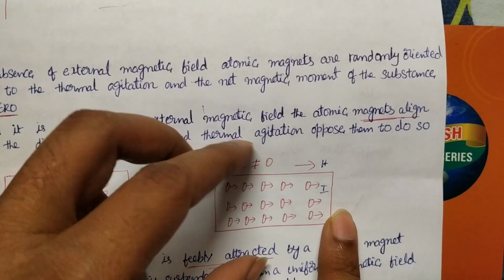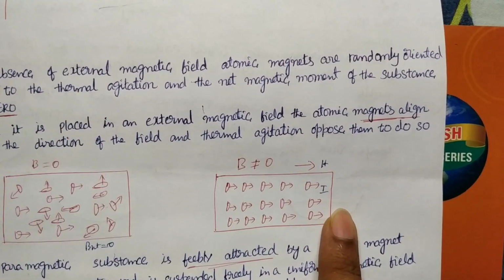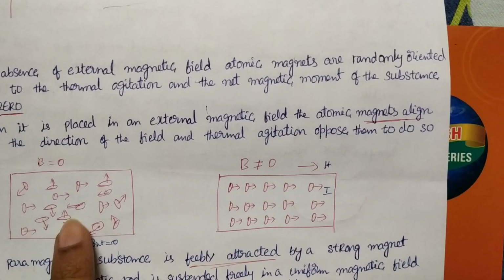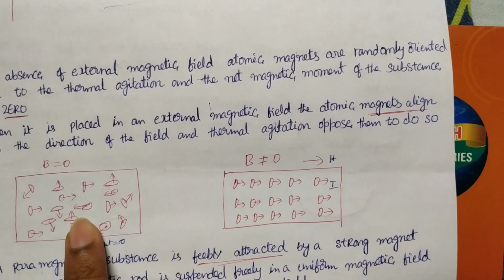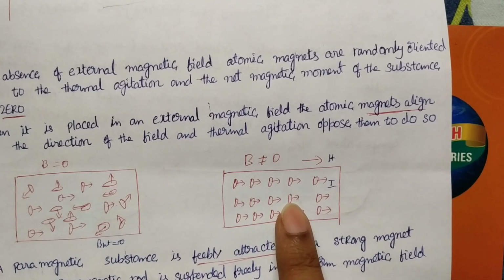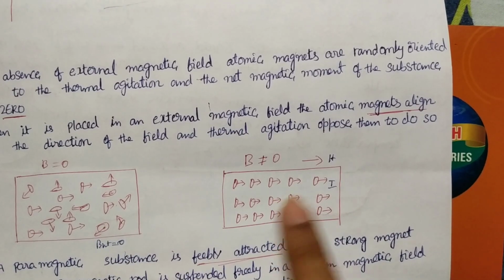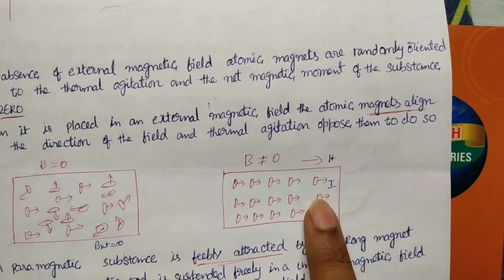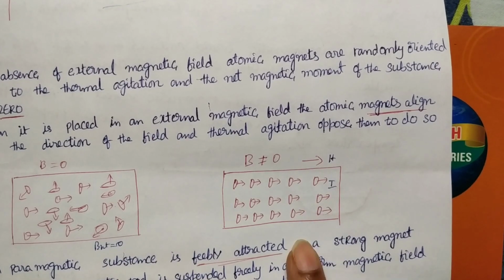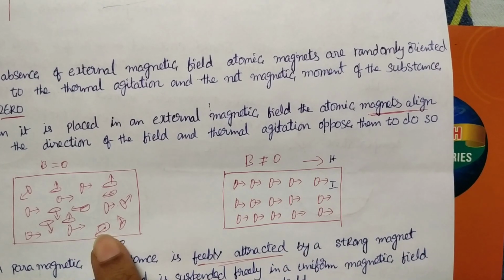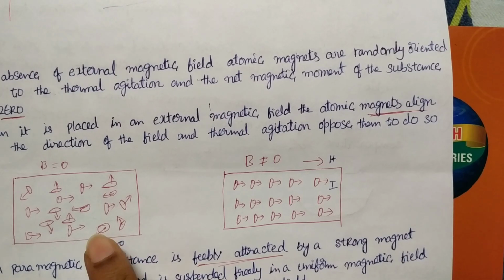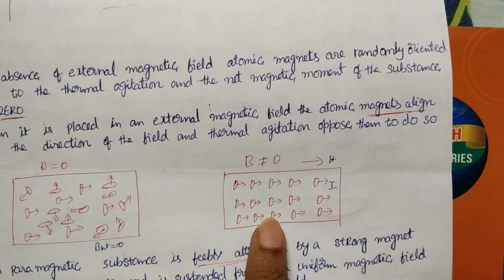If you remove the external magnetic field, they are disturbed and again converted into random arrangement, because of the temperature of the body. These atoms are vibrating, and because of vibration they lose their alignment. So in the absence of an external magnetic field, they are randomly arranged.